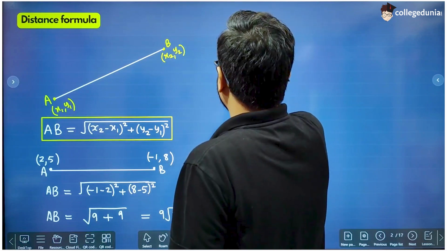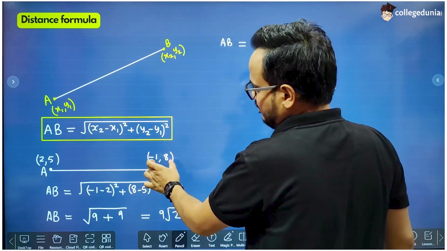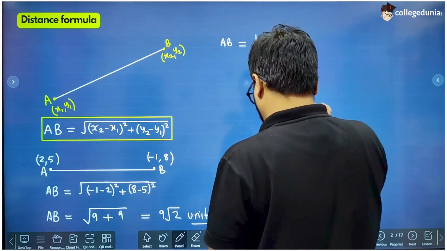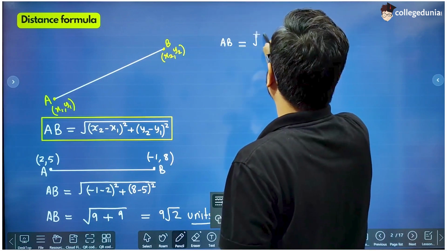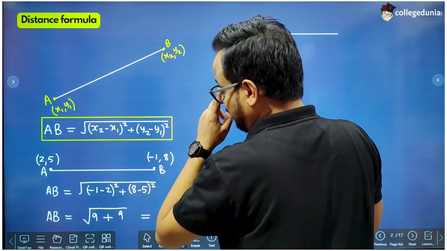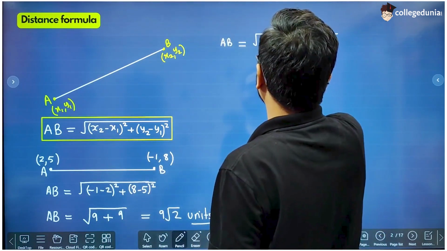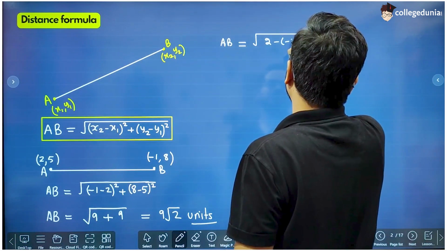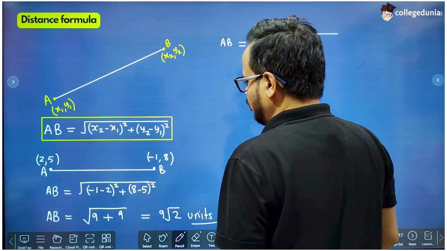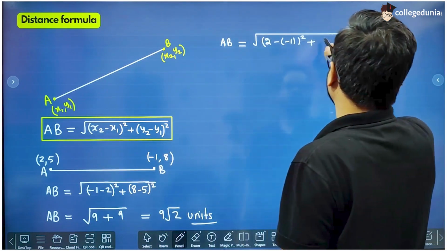Now, let us again find AB. And now we will take this one as x1, y1 and that one as x2, y2. So again, if we apply the formula, then now this is x1, y1. So x2 minus x1, that is 2 minus 1 whole square plus y2 minus y1, that is, this was x1, y1, 5 minus 8 whole square.